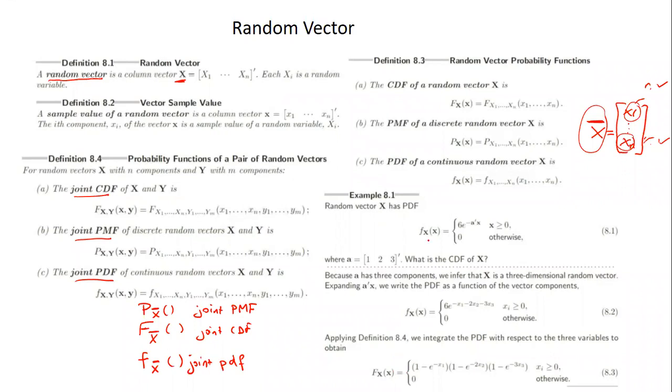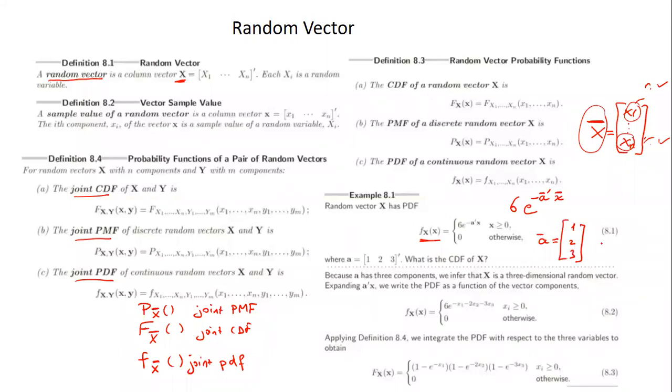Here we are given a joint PDF, f of x, where x is a vector. We have 6 times e to the minus a transpose x, with a vector again and x another vector. Here, a is simply given as 1, 2, 3.